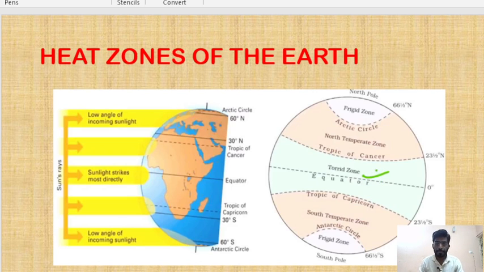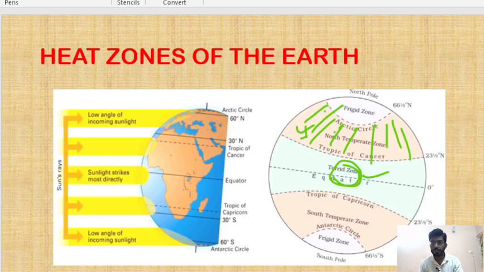The place in between the Arctic Circle and the Tropic of Cancer in the northern hemisphere, when we compare with the torrid zone, receives moderate sunlight from the sun. That's why it is called the temperate zone.